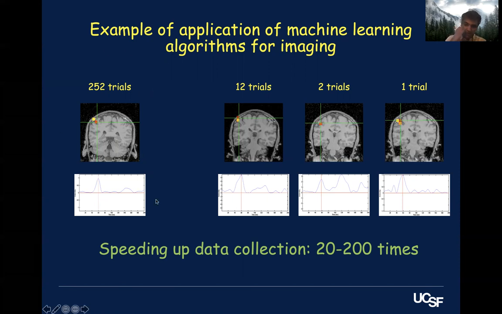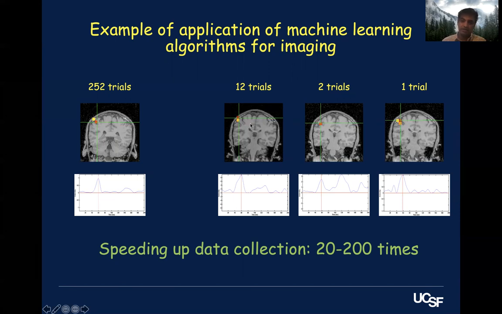What machine learning algorithms can do is really speed up this sort of data collection by looking at reconstructions of, say, a single tap shown on the right side here, or say 10 taps. It's basically giving you a 20 times speed up of the duration of the experiment.